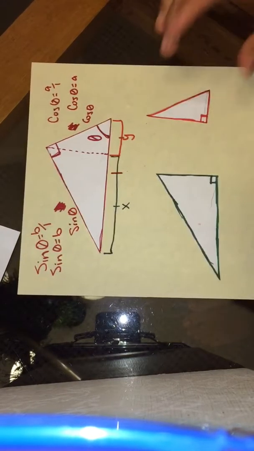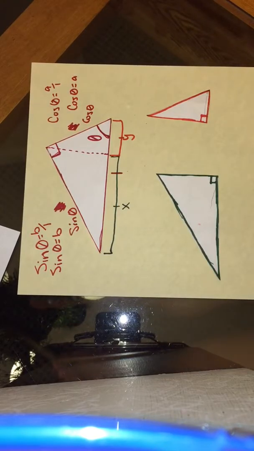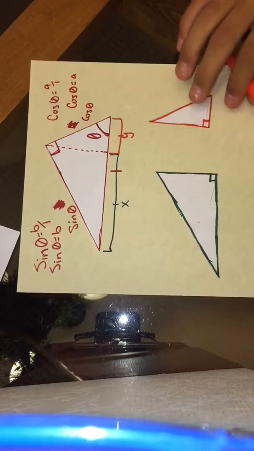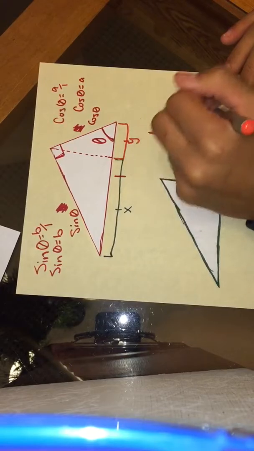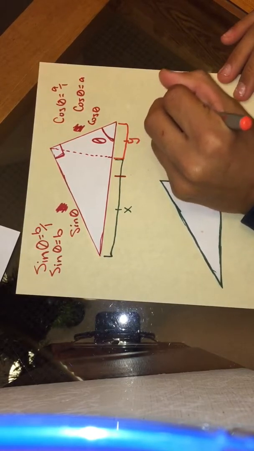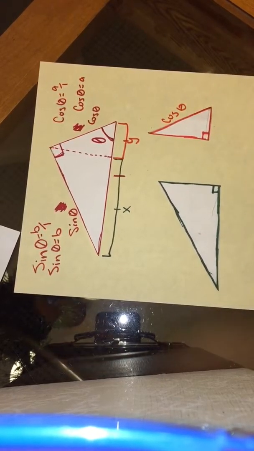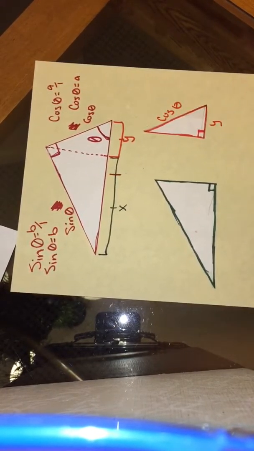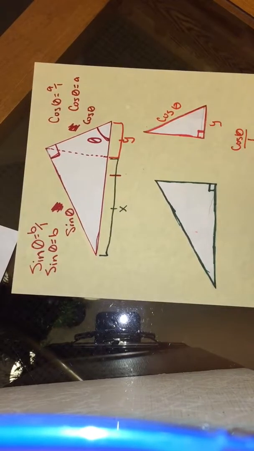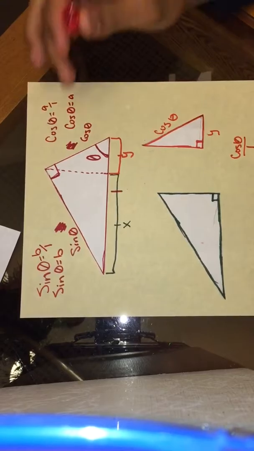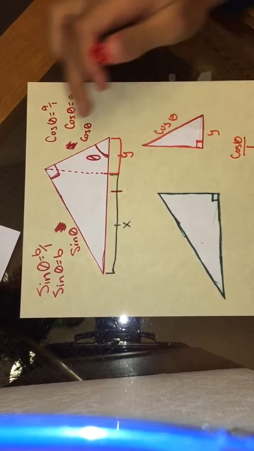So now let's find the right side, which is the short leg value of Y, which is this triangle right here, this orange one. The hypotenuse of this orange triangle would be cosine of theta, and the short leg value would be Y. Now what we're going to do is try to compare this orange triangle to the original one by making a proportion. The proportion will be cosine of theta over 1, which comes from the original one, from this angle to this angle, which is cosine.